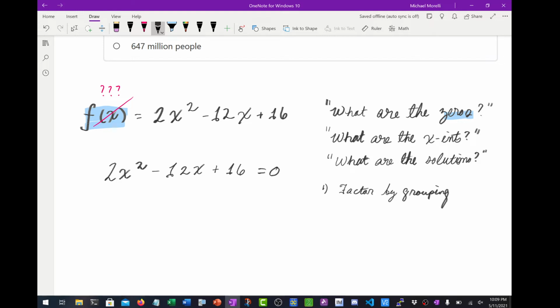So if we're going to factor by grouping, the first thing that we need to compute is the master product. The master product is equal to A times C. And so yet another potential pitfall is students may not know what A, B and C are.